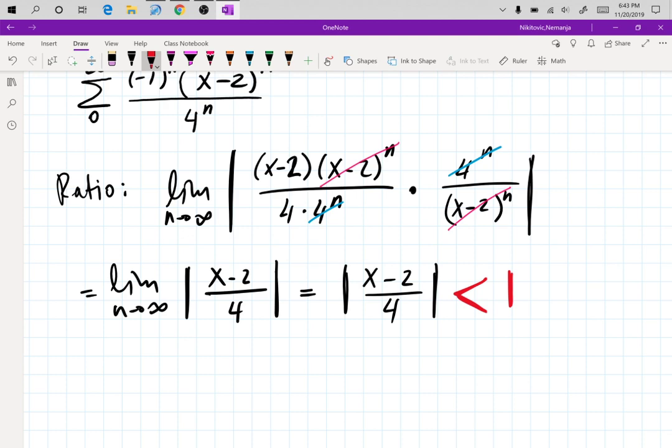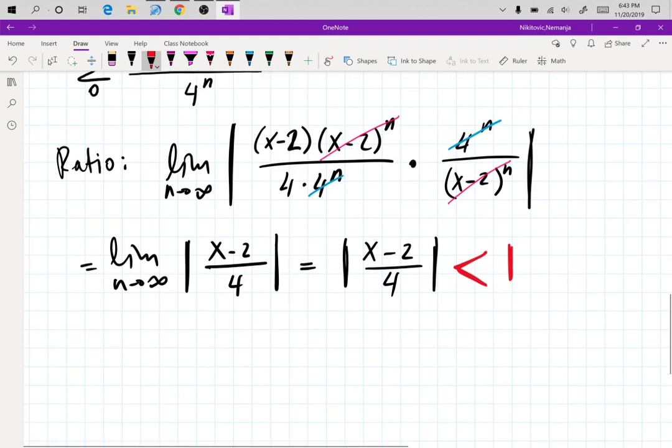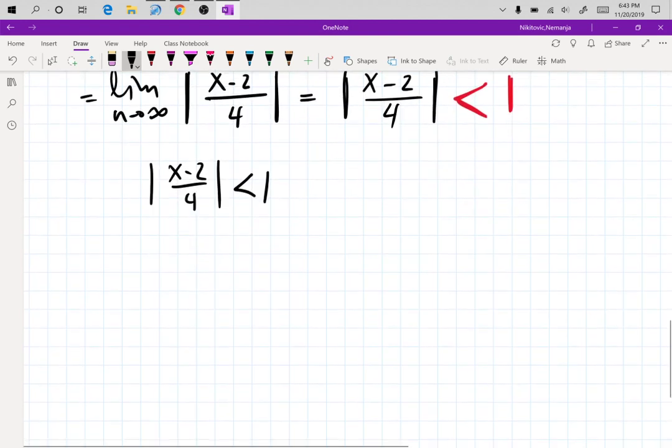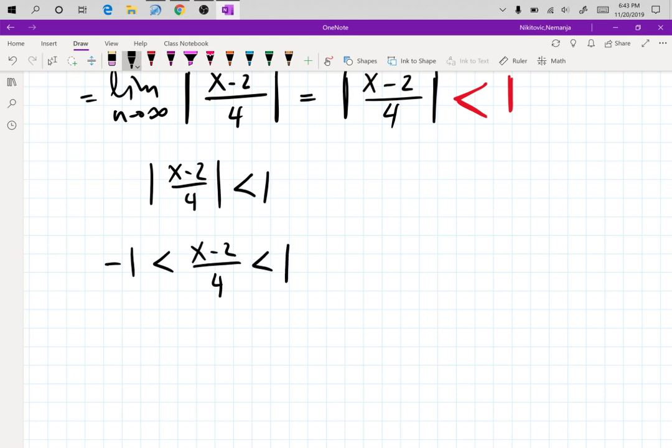And this is where your problem dies if you don't have absolute values. You have to solve now absolute value x minus 2 over 4 less than 1. And the meaning of that in algebra is negative 1 less than x minus 2 over 4 less than 1. You would lose this side if you don't have absolute values. That's why they're not optional.